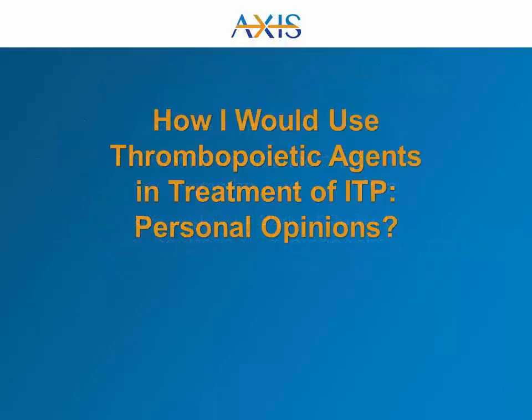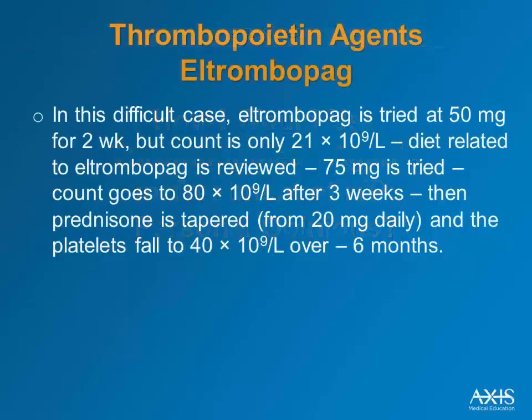How would I use thrombopoietin agents in patients with ITP? And these are opinions, and when we discuss the cases, Howard may feel differently about some of them. So in this case, eltrombopag was tried at 50 milligrams for 2 weeks, but the count only went up to 21,000.